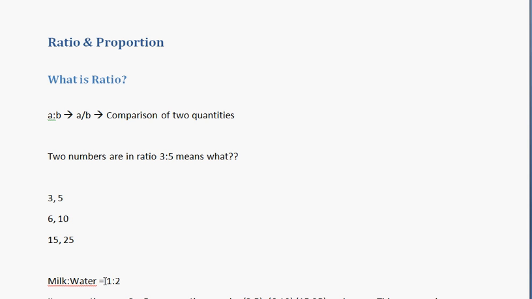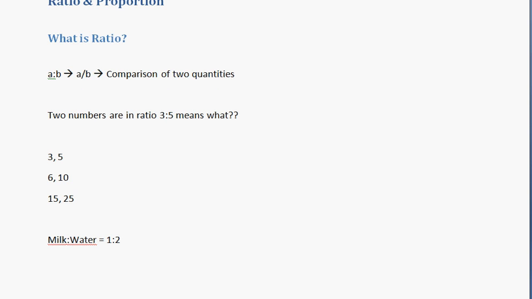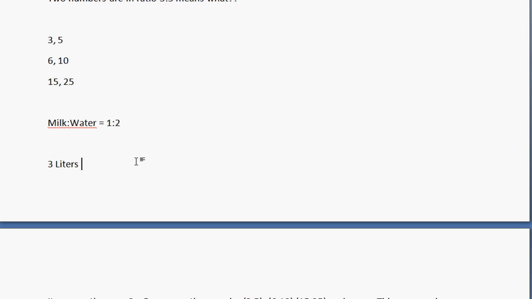This means that every one part is milk, and every 2 parts is water, right? So this means if, for example, we have 3 liters of this solution, then one part of this would be milk, which means 1 liter would be milk, and 2 liters would be water.